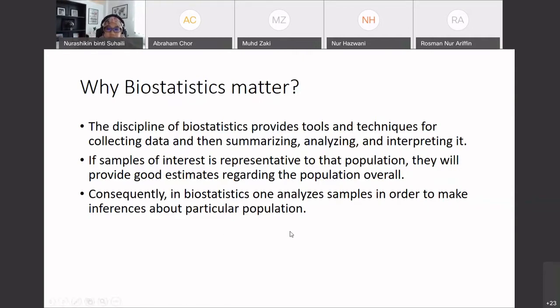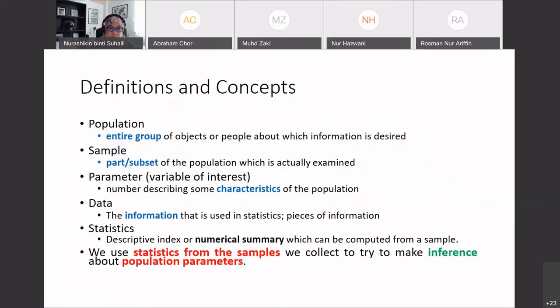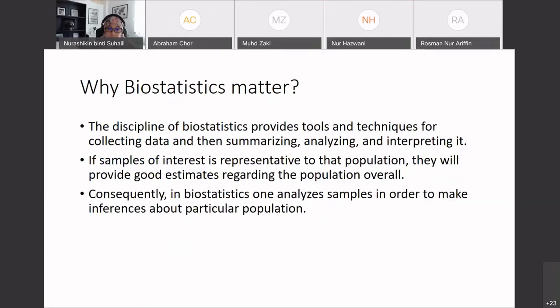Okay? So that's what is here. So the analysis of the samples is important in order to make inferences or final conclusion about the population. I hope you get what I mean. Yeah? Okay, so that's the importance of biostatistics or statistics in biological field or in science in general.